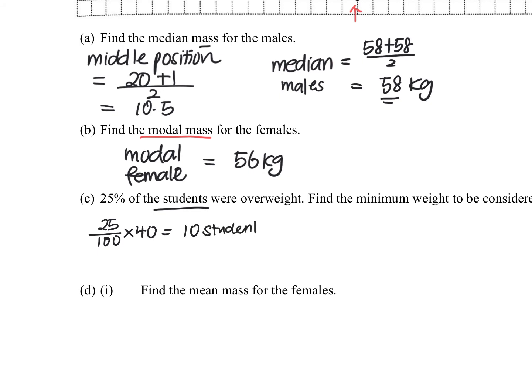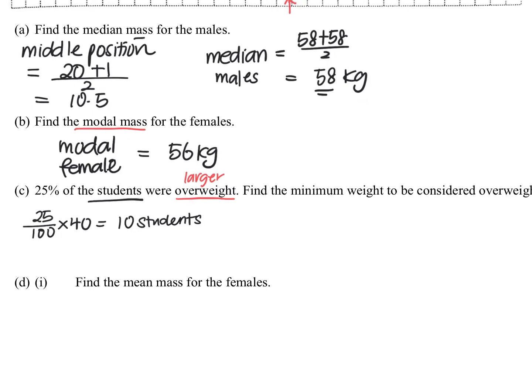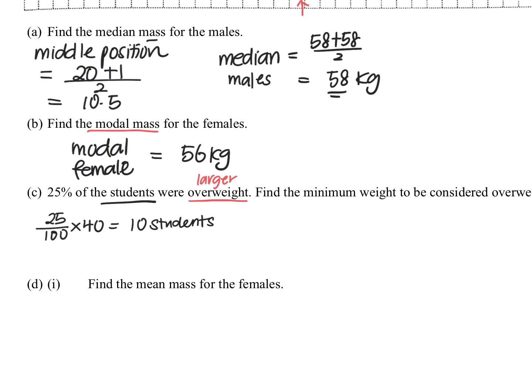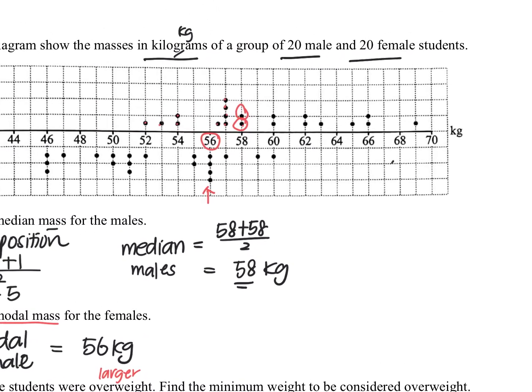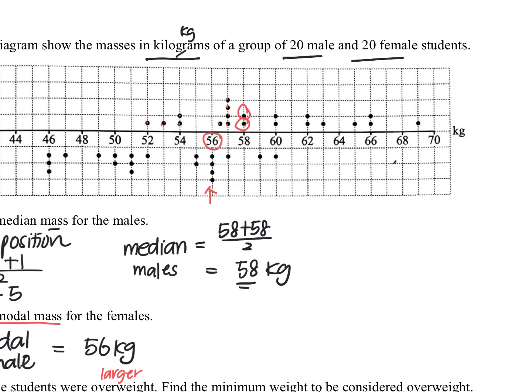Alright, but now these 10 students represent 10 dots. They say that they are overweight. If they are overweight, do they belong to the smaller data value or the larger data value? They belong to the larger data value. So it has to be larger than a particular weight for it to be considered overweight. So I'm going to look at my axis over here and count from the back. I want 10 students from the larger number.